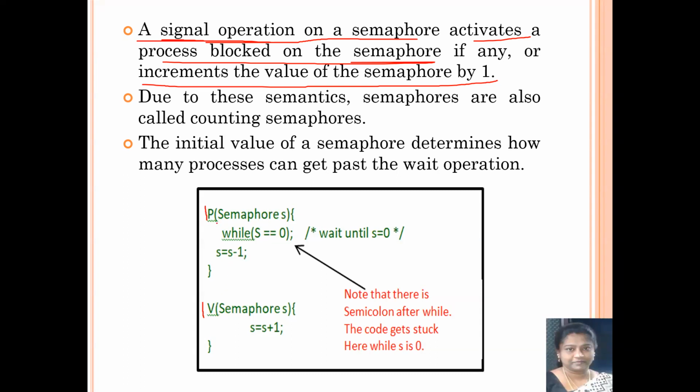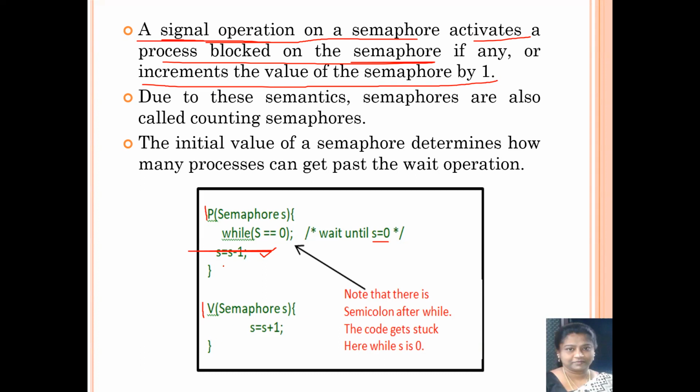As already mentioned, what will the wait operation do? It will check the value of the semaphore, and if the value is greater than 0, the value of the semaphore has to be decremented. And if the value of the semaphore happens to be equal to 0, then the process will wait on the semaphore until the semaphore is incremented.